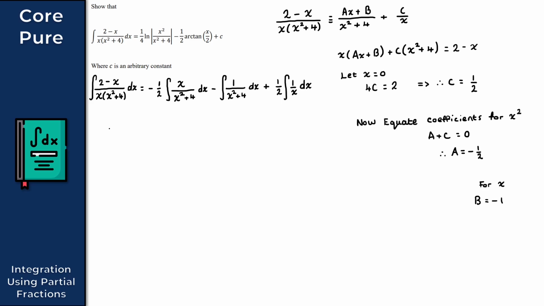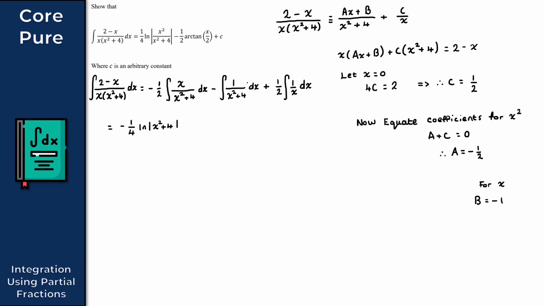So minus 1 over 2 times 1 over 2 gives me minus 1 over 4, and then we get ln of my denominator, so minus 1 over 4 ln of x squared plus 4. As I go, I will leave the constants of integration until the very end, and just leave that as plus c. So we get minus 1 over 4 ln of x squared plus 4 for the first integral.